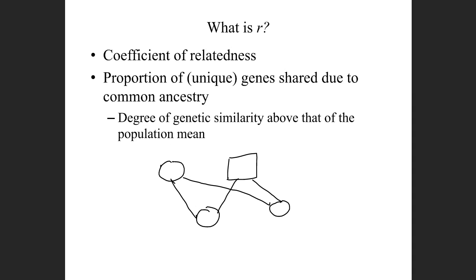Now, how many genes do mom and dad share with each of their offspring? Mom gave half of her genes to her own offspring, so she shares half of her genes with any of her offspring. Dad also gave half of his genes to any of his offspring.